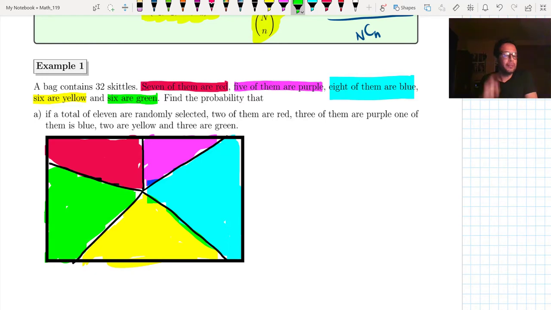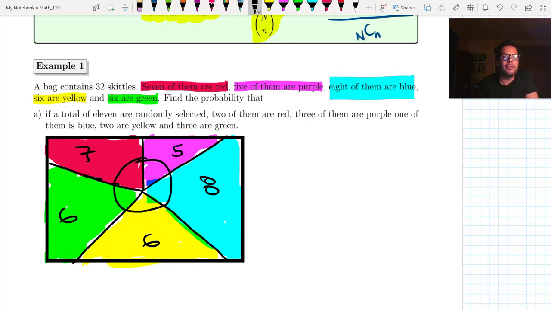So let's see. There's a total of 7 red ones, 5 purple ones, 8 blue ones, 6 yellows, and 6 green. I'm going to take a sample. Two of them are red.